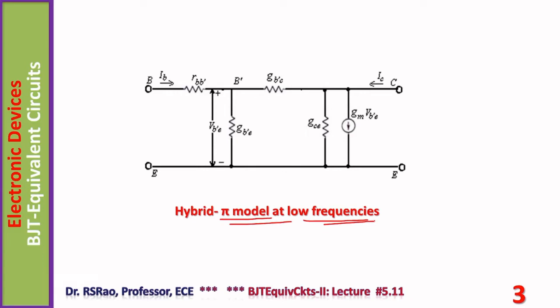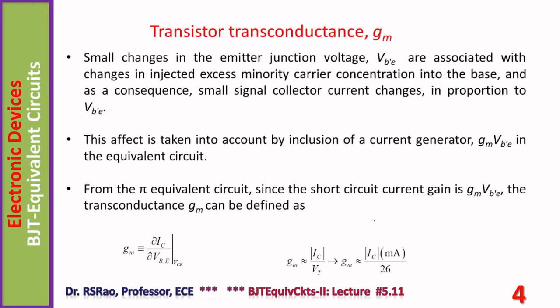The difference lies in the fact that in this circuit, capacitances are absent. If we remove the capacitors from the equivalent circuit shown in the previous slide, the circuit being shown in the present slide comes into being, the same circuit, of course without capacitors.